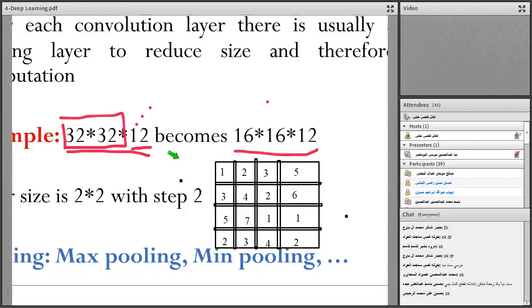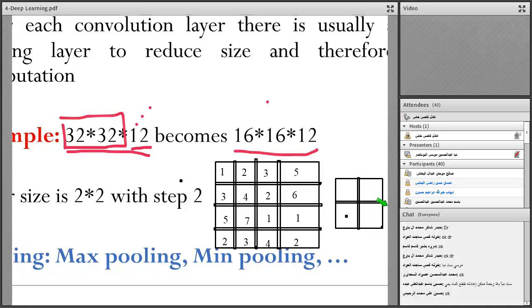The pooling layer is removing some of this data, and for example, here we have 4 multiplied by 4. The output of the convolution is 4 multiplied by 4, and then the pooling layer is converting it into 2 multiplied by 2.